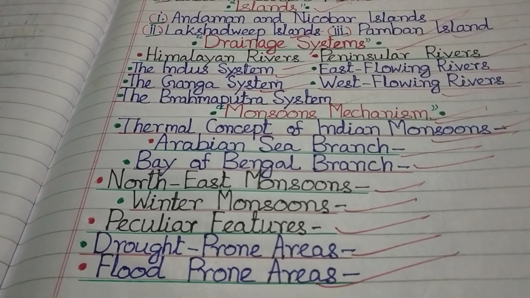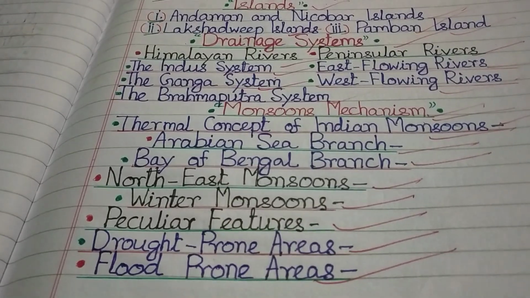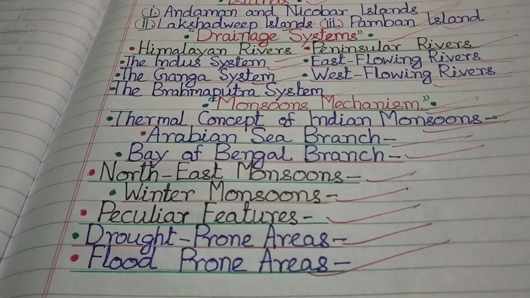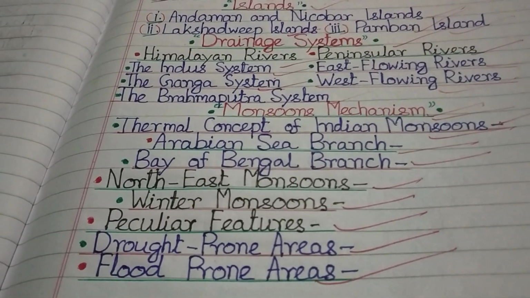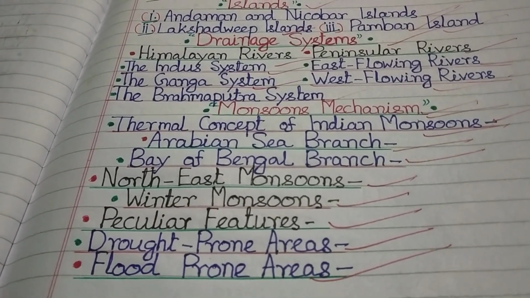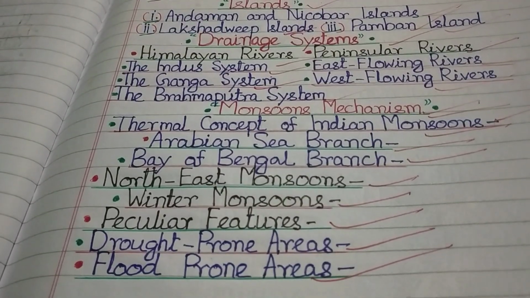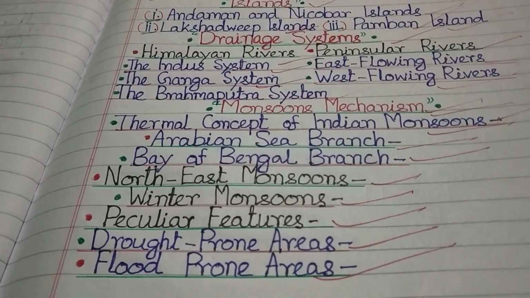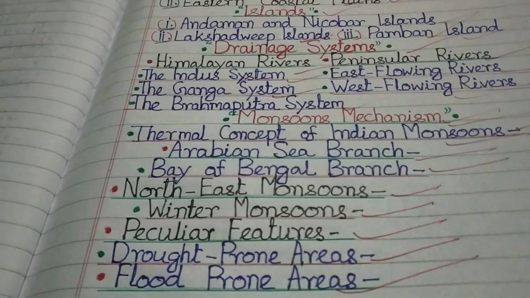Accompanying this process and helping this pull of winds is the development of some high pressure centers in the Indian Ocean, Arabian Sea, and over Australia, as it brings winter season in Australia.